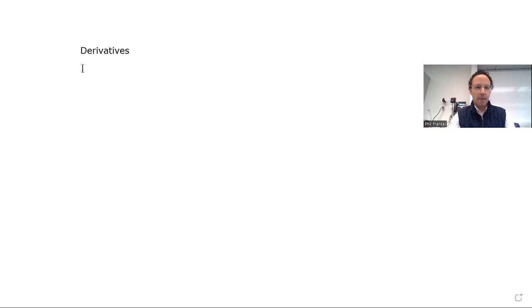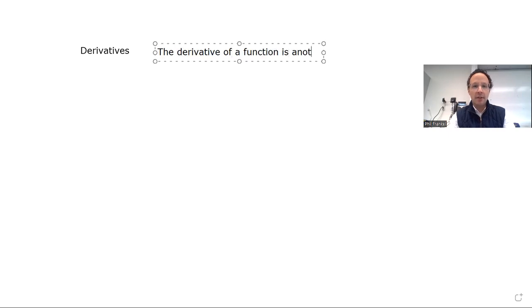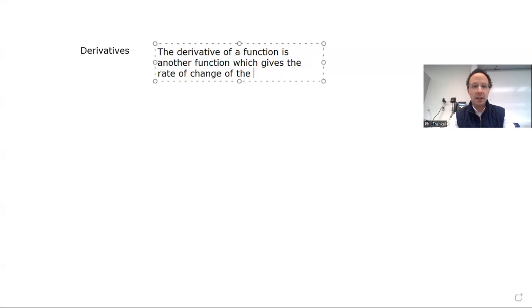You've probably investigated these mathematical objects in your pre-calc course or your calculus course for sure. But the derivative of a function is another function which gives the rate of change of the original function.